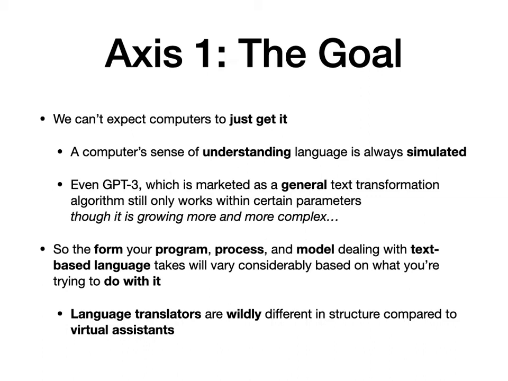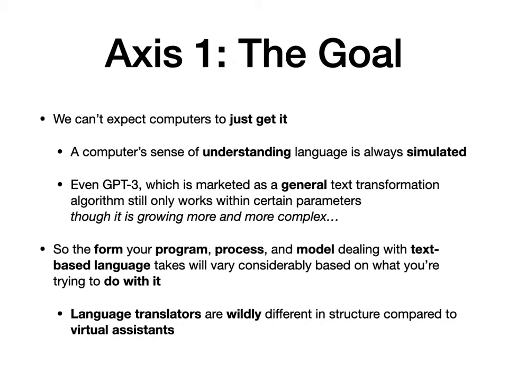So the main point is the form your program, your process, and your model, all these overlapping concepts, deal with, the form in which they deal with text-based language. That will take a different shape depending entirely on what you're trying to do, right? For example, language translators are going to be wildly different in their structure compared to virtual assistants.